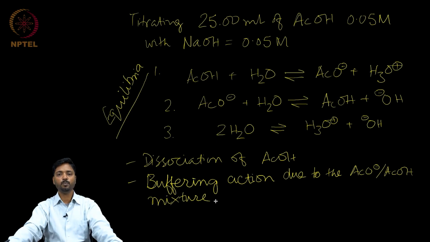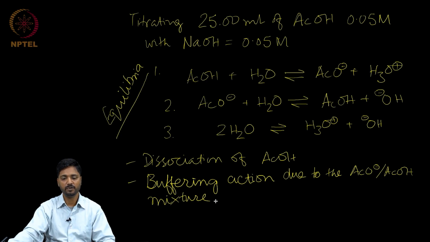Now, with these points, let us try to calculate what are the pH values at different points on titration of acetic acid with sodium hydroxide.